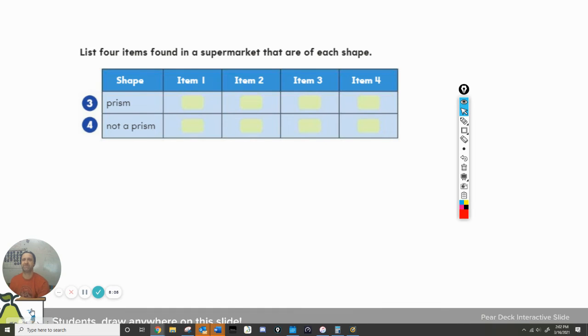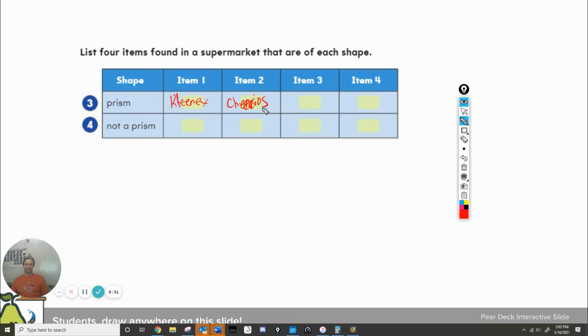Wait, what? 4 items found in a supermarket that are of each shape? Prism. Let's see. Kleenex. Cheerios. Don't criticize my spelling.